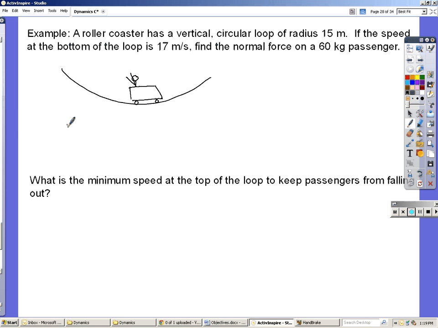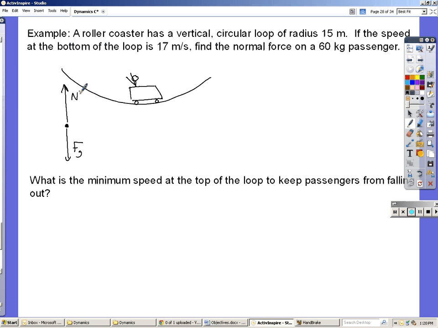If we draw a free body diagram for this person, there is a weight force acting on the person, and there is also a normal force from the seat. Those are the only forces. There is no separate centripetal force. Instead, the combination of the normal and the weight forces is what causes this person to move in a circle rather than going in a straight line.